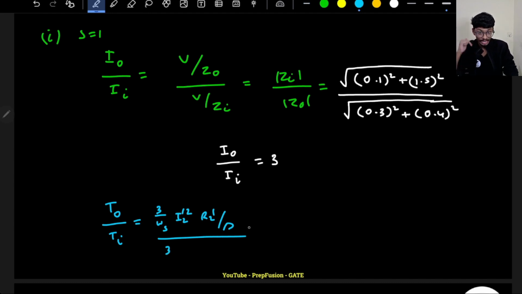What is the torque produced by the outer cage to the inner cage? Due to the outer cage, the current is I2O, right? Due to this outer current, this will be the torque produced. This is R2O, the outer cage resistance, right? And due to the inner cage, speed and all these things will be constant. The current is I2 inner cage into R2 inner cage dash divided by s.